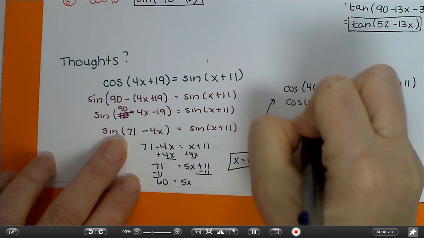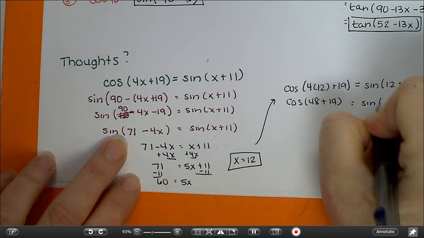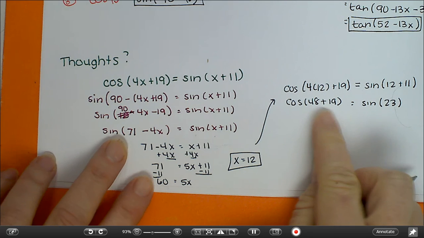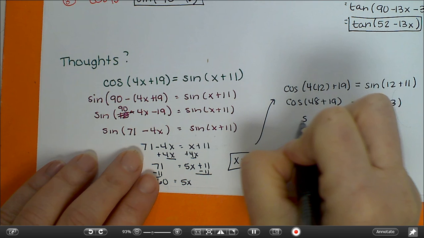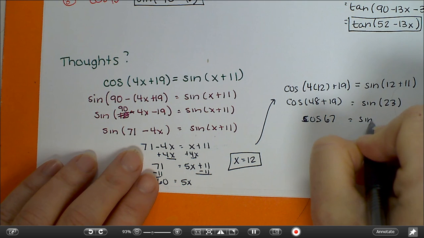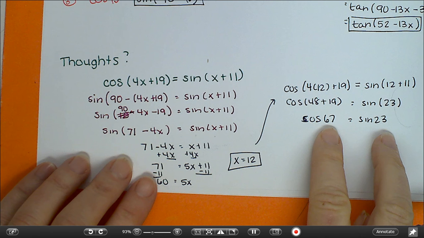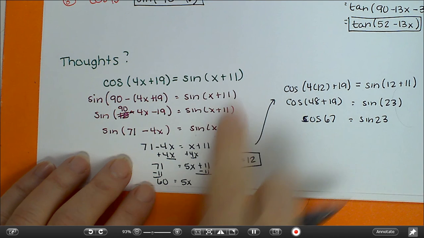So cosine of 48 plus 19 is equal to sine of 23. So this should be 67, and it is. Cosine of 67 equals sine of 23. So cofunctions, complements. And this is the process for figuring that out.